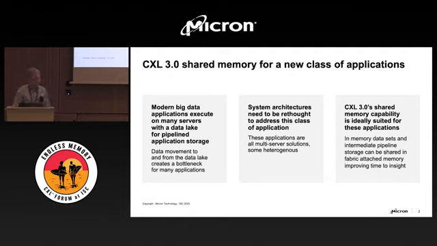This data movement to and from the data lake as you're pipelining these applications takes considerable resources and latency, and one of the big things is the whole software stack you have to go through to get to that storage. Of course, what's been described is that you can avoid that with zero copy, with direct access to memory. So system architectures need to be rethought to address this class of application.